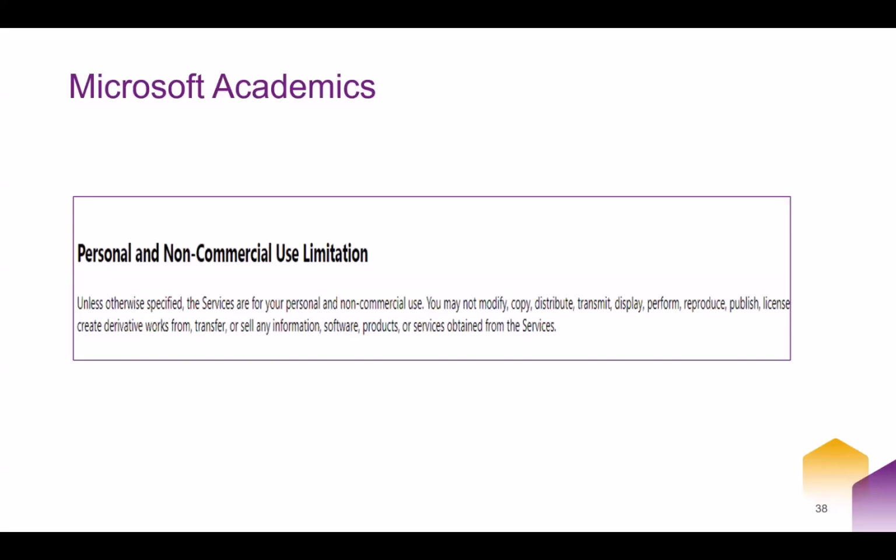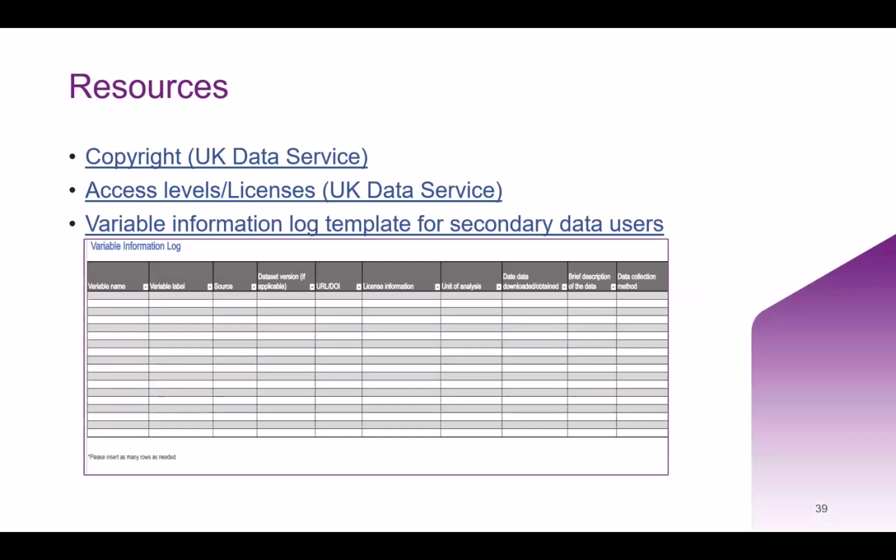However, in the terms of using Microsoft Academics, they have mentioned that you cannot modify, distribute, or publish the material you obtained from them, and if you want to do so, you may need to obtain permission. So this is an example. Always check this if you plan to deposit your data for future use and you have used secondary data sources.